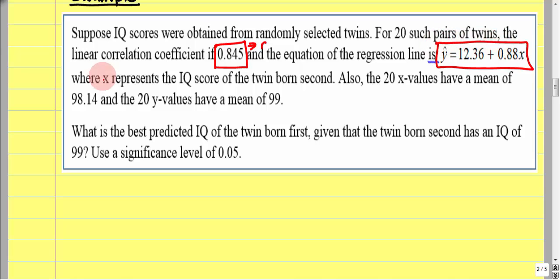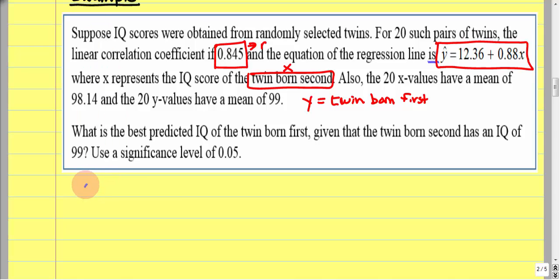Now X represents the IQ score of the second born. And so that means Y would equal the twin born first. Let's keep track of some of this. It says also the 20 X values have a mean of 98.14. Let's summarize this down here.